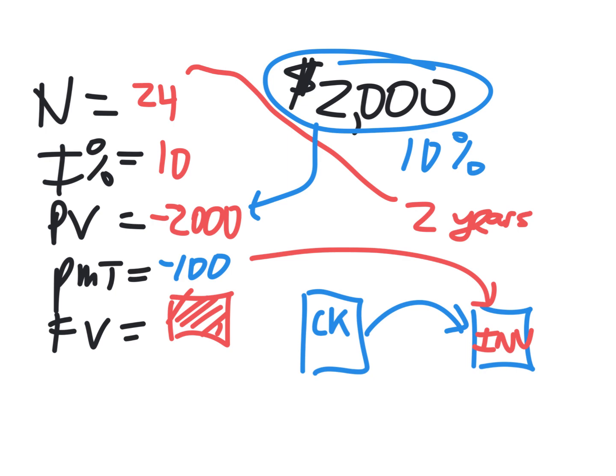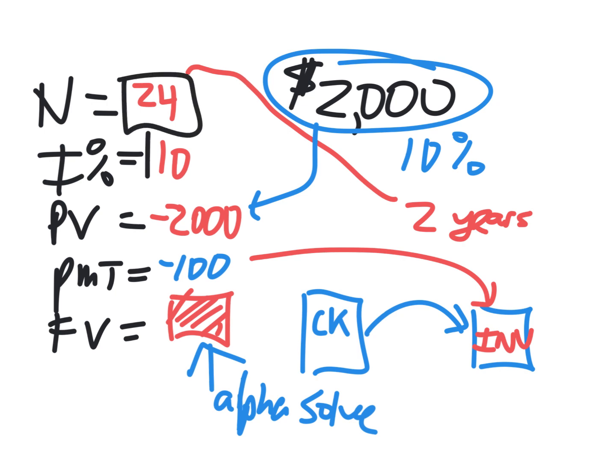Okay, would you please alpha solve for this? Compare with the kid next to you, see if you got the same number. Was it like 5,000 and something? So Karima, what did you get? Okay, 24, 10, negative 2,000, negative 100.